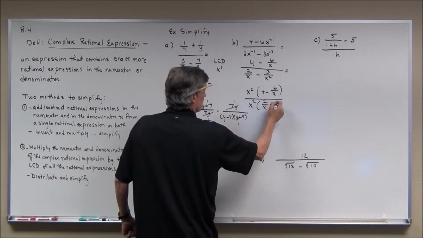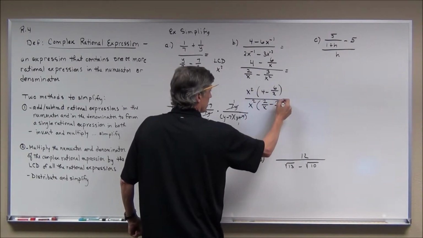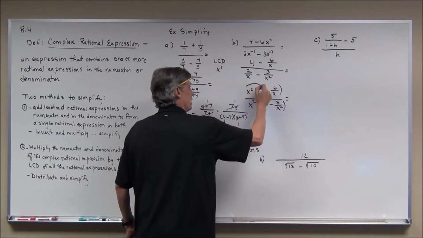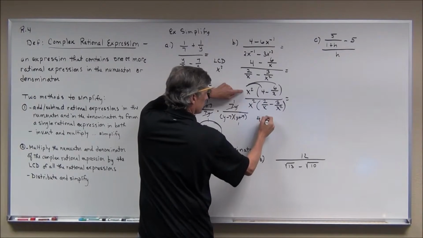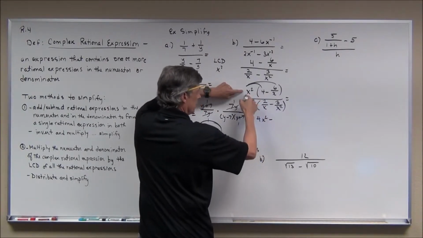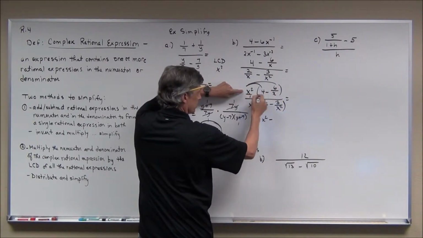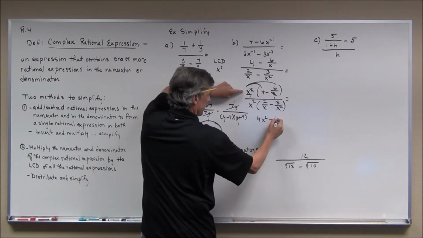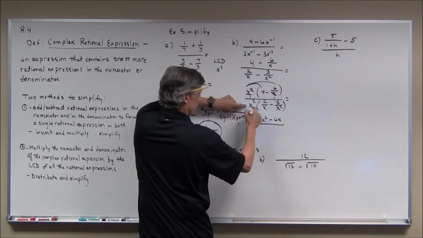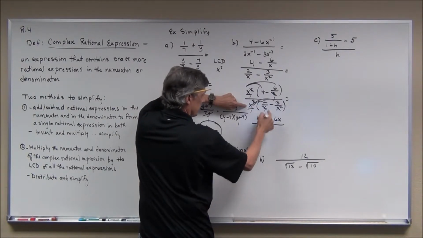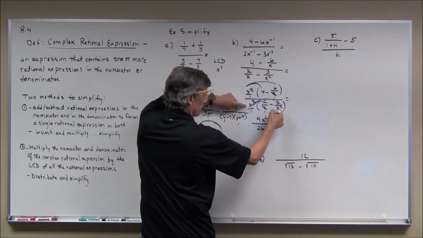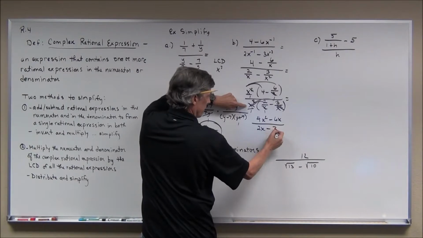And I'm going to distribute here, and with a little luck, this is going to simplify. I end up with 4x squared, minus x squared times 6 over x gives me 6x. On the bottom, I'm going to distribute x squared over 1 times 2 over x, the x cancels here, leaves 2x, minus the x squared times the 3 over x, the x squareds cancel, and leaves minus 3.